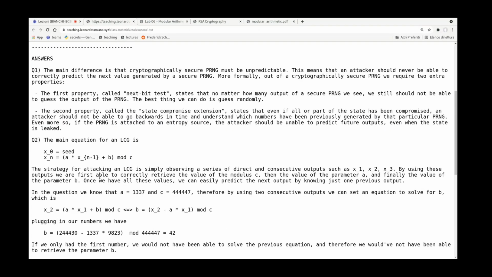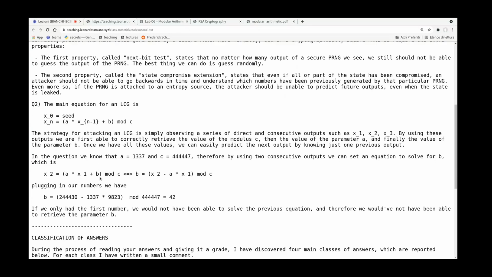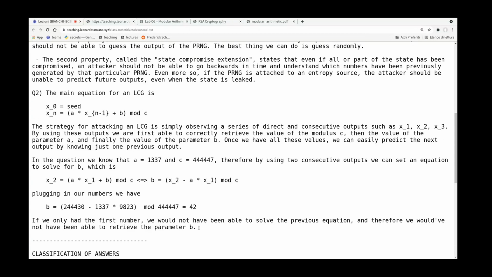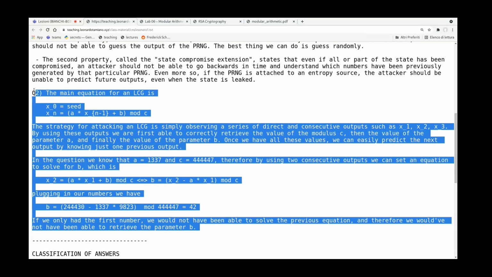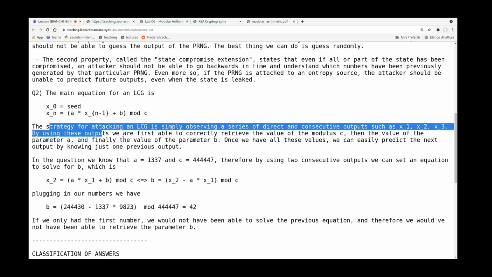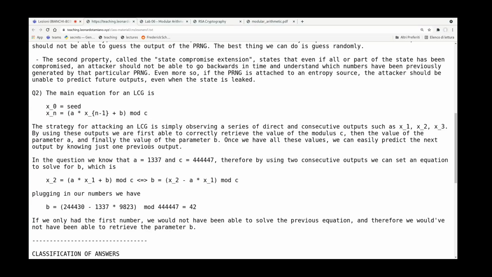The second question of mine was about the LCG. Here, a lot of people did not answer at all. I just wanted you to write out the equation, and then the idea was that the problem of insecure generators is that if you observe the output, this gives an attacker an edge.